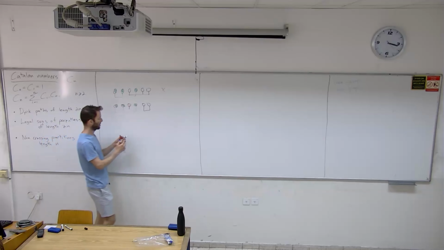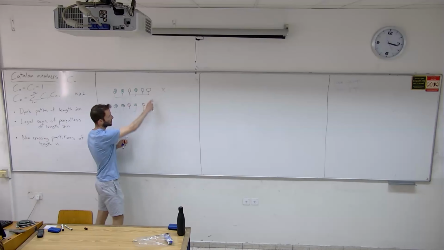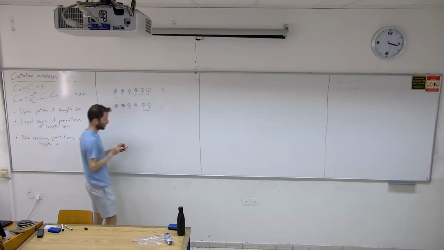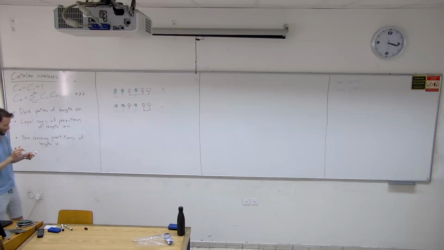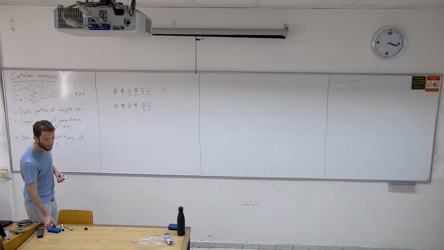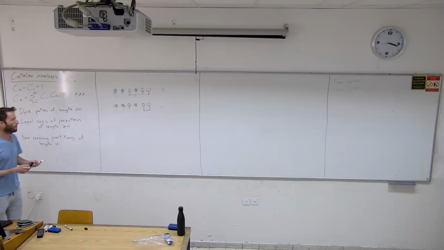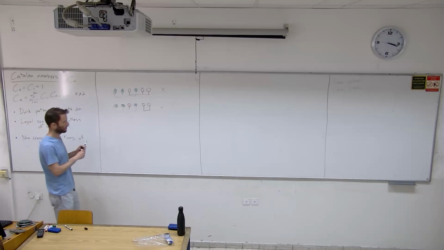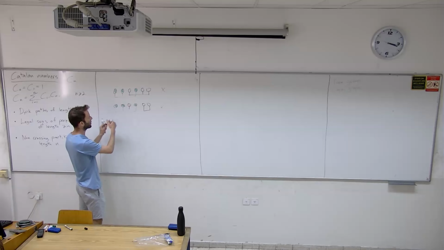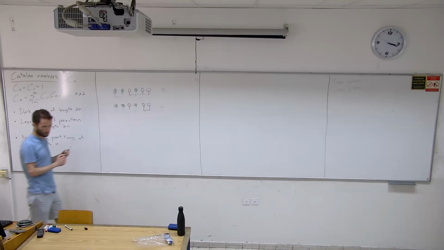So this is a crossing partition, and this is a non-crossing partition. So the number of non-crossing partitions of length n is also represented by the Catalan numbers. Any number of parts? Yes, any number. You don't care how many parts, but it has to be a partition. There's always the trivial one.